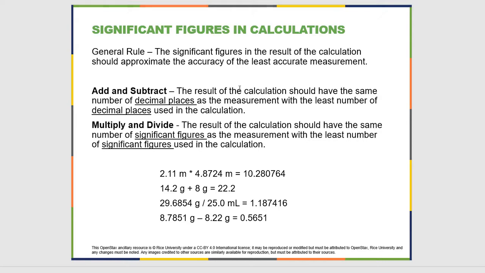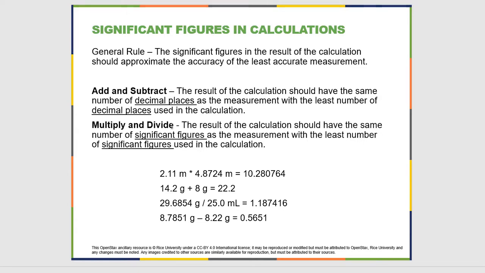But there are some specific rules, and they apply to adding and subtracting and multiplying and dividing. So for adding and subtracting measurements, the result of the calculation should have the same number of decimal places as the measurement with the least number of decimal places used in the calculation. So when we're adding and subtracting, we care about decimal places.